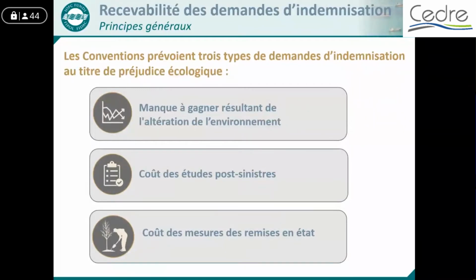So if that's clear, if we move on to the admissibility of claims, you have three types of environmental damage, three criteria. First is economic loss as a consequence of impairment of the environment.